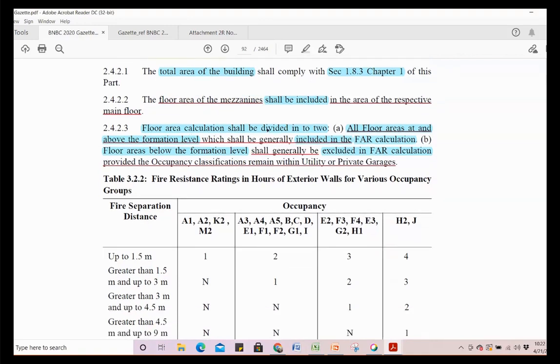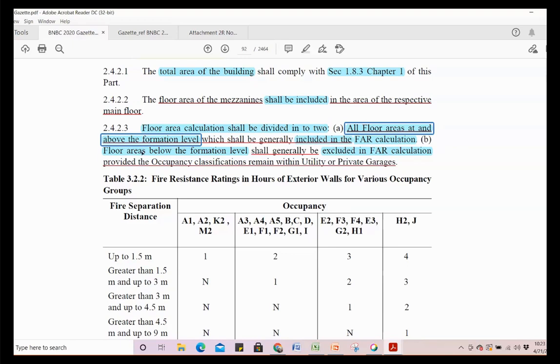Then comes a very important point. We are actually getting to the area calculation segment. It starts from 2.4.2, and 2.4.2.3 is also covering it. So what does it say? In floor area calculation, it shall be divided into two. A, all floor areas at and above the formation level, which shall be generally included in the FAR calculation.